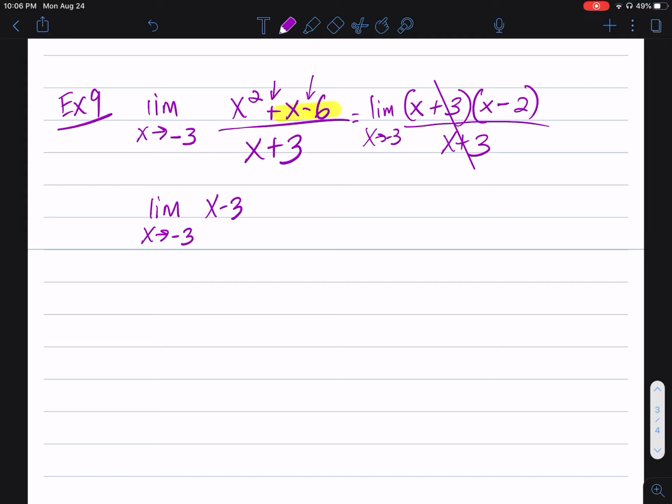We're going to fill in negative 3 and get negative 6. Oh, I made a mistake here. This should be x minus 2, so negative 3 minus 2, which is negative 5.